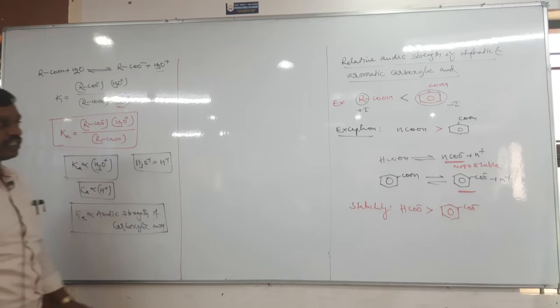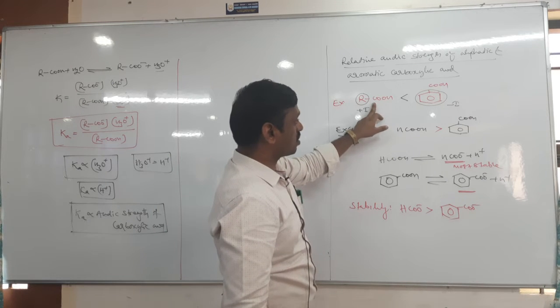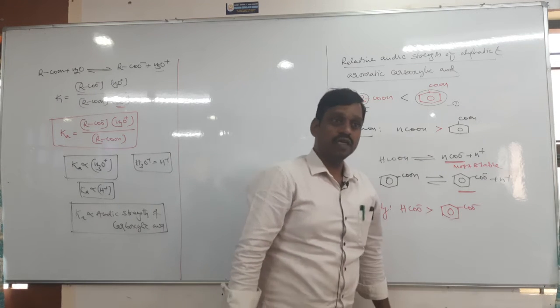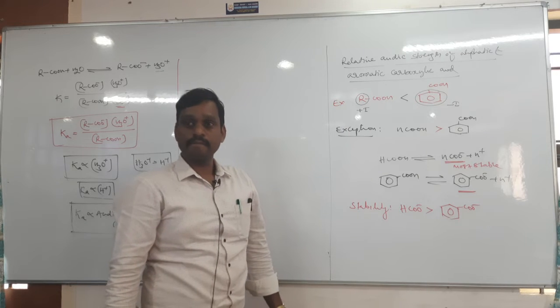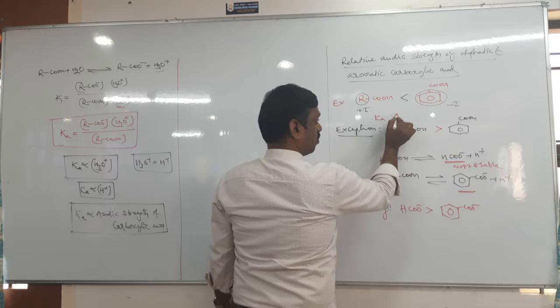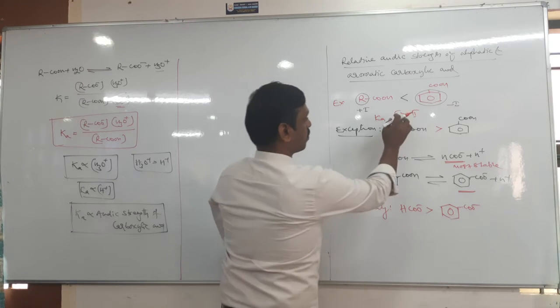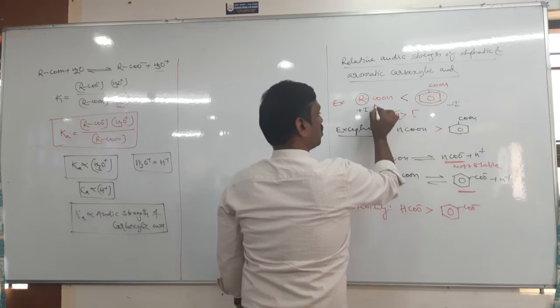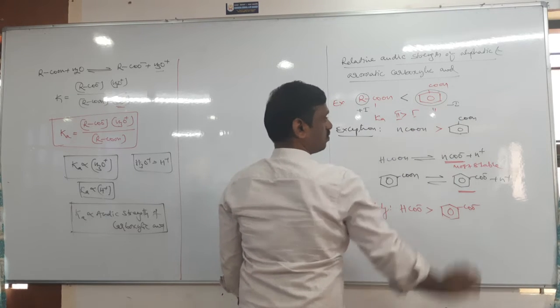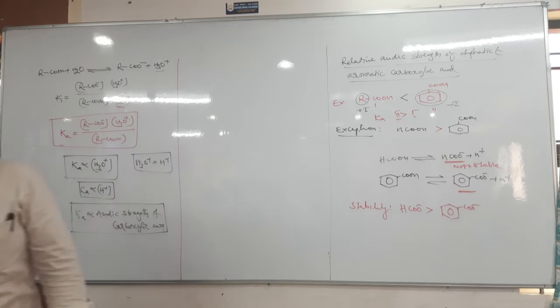For example, the question is like this: among aliphatic carboxylic acid and aromatic carboxylic acid, which has more Ka? So the Ka of aromatic carboxylic acid, 1 greater than 2, no, sorry, 2 greater than 1. This is 1, this is 2. So Ka is a measure of acidic strength.